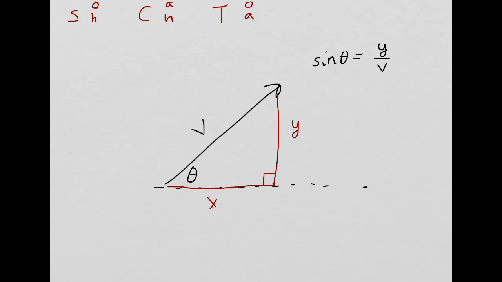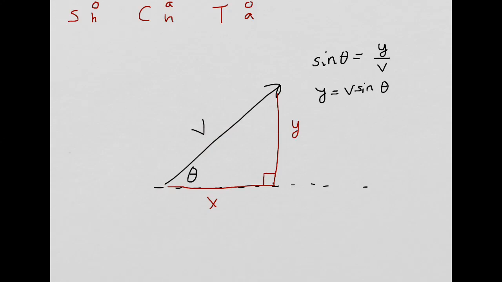And the hypotenuse is always the side opposite the right angle, so that's always going to be the hypotenuse. Okay. Solving for y, which is the vertical component, I get that y equals v sine theta.